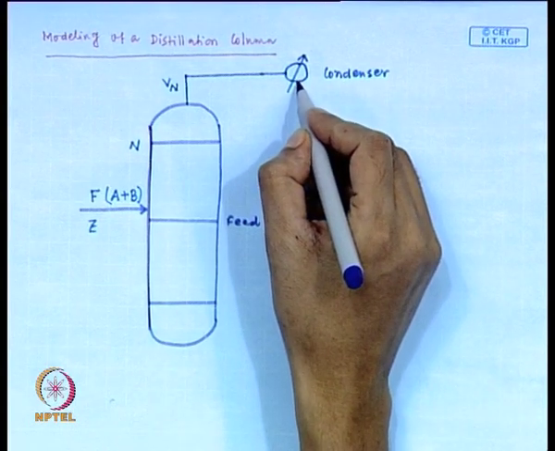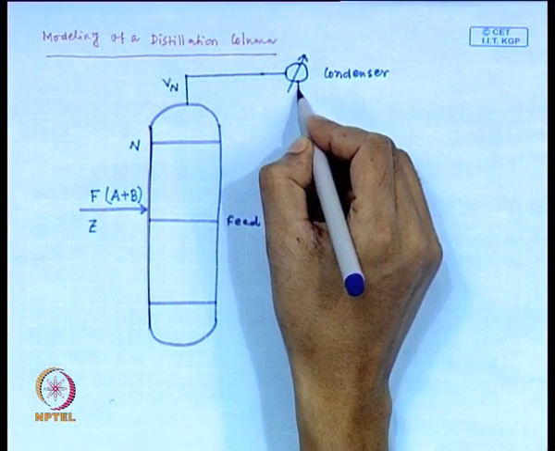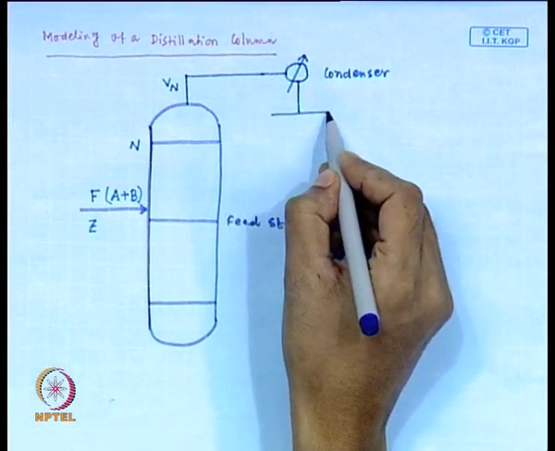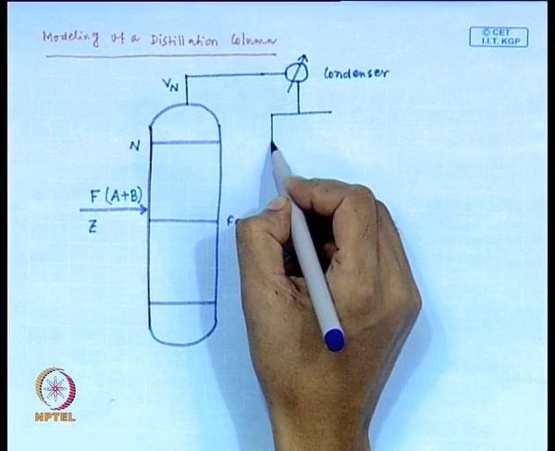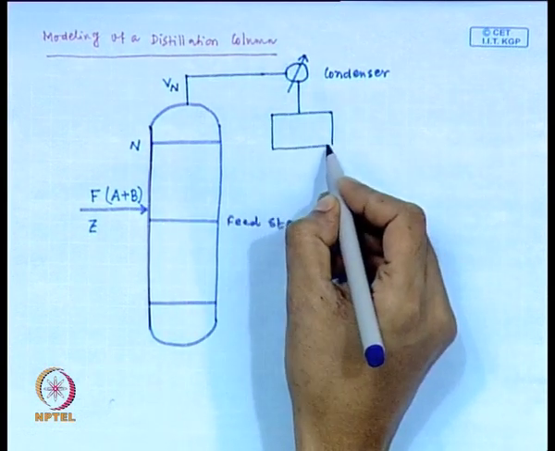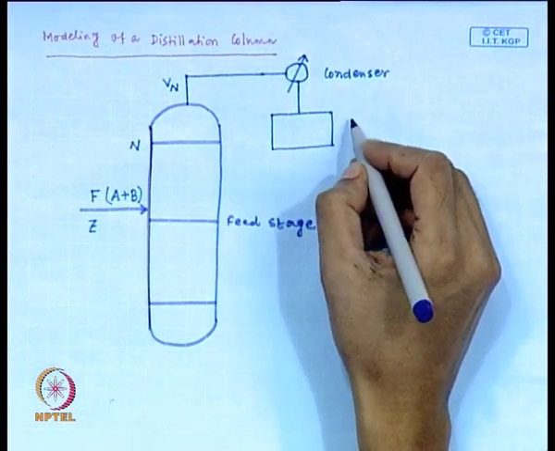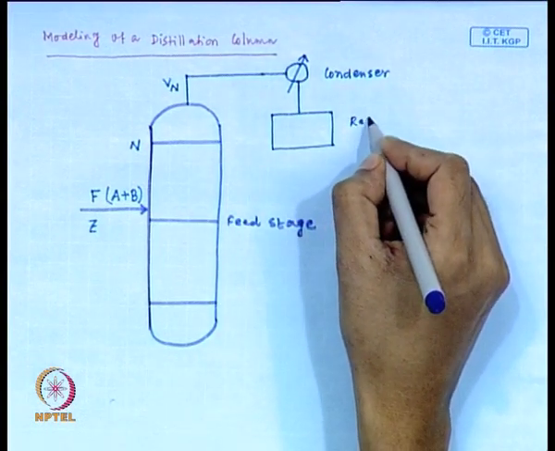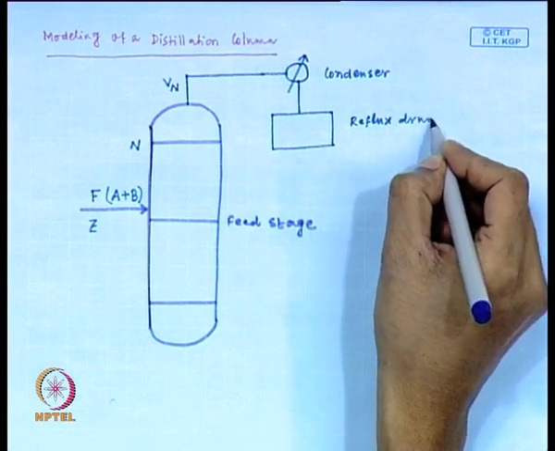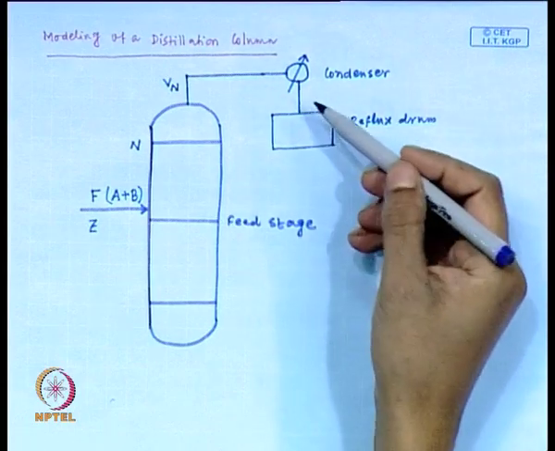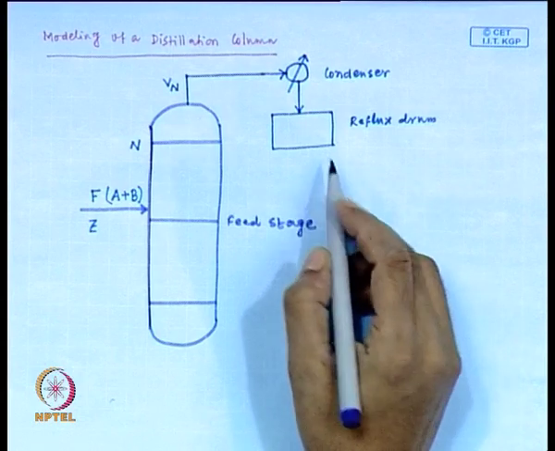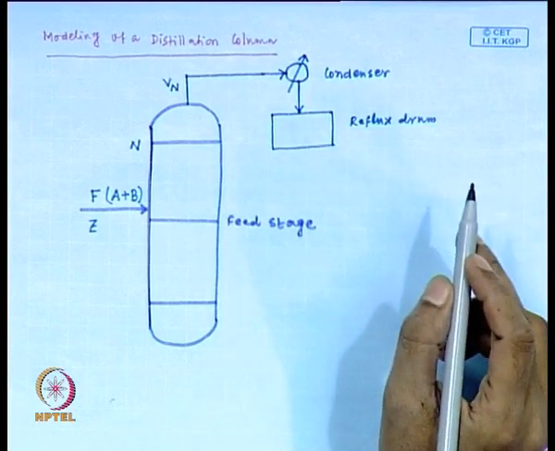After condensation, the produced condensed liquid is accumulated in a drum. This is called reflux drum.